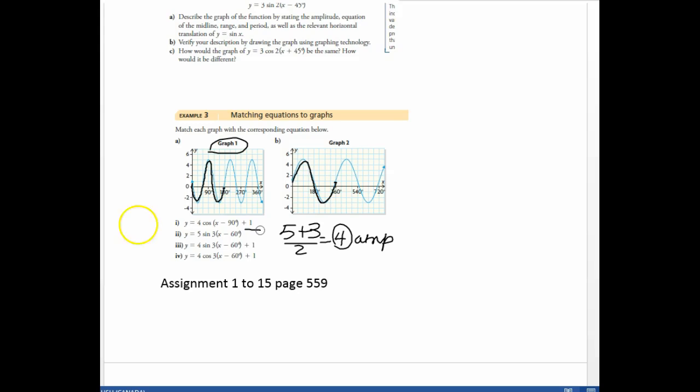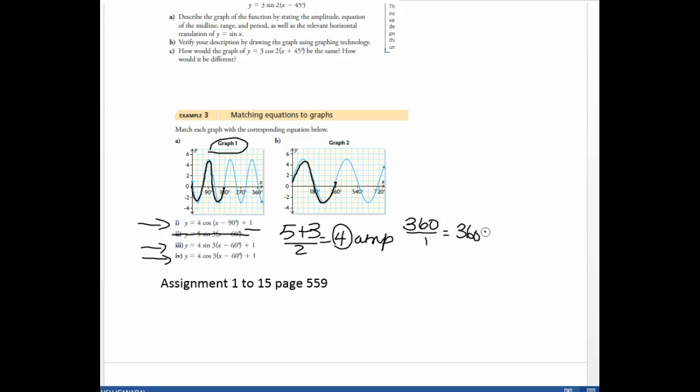Okay, let's look at the ones that have the amp of 4, right? That kind of eliminates this one right there, because it has the amp of 5. Okay, so we're down to those ones. So then the period length for this first one should be 360 divided by 1, which is 2 pi or 360, right?